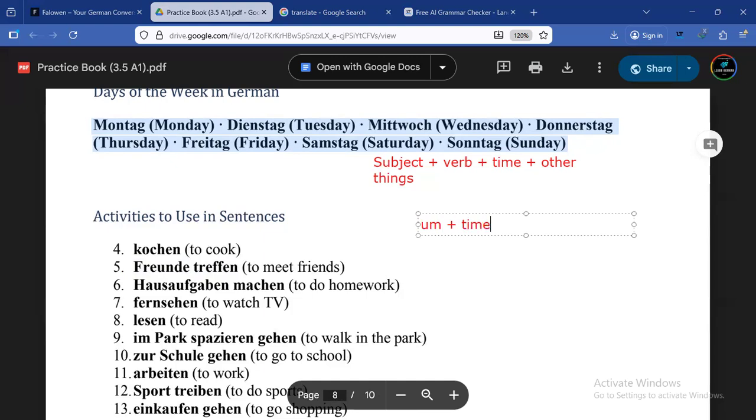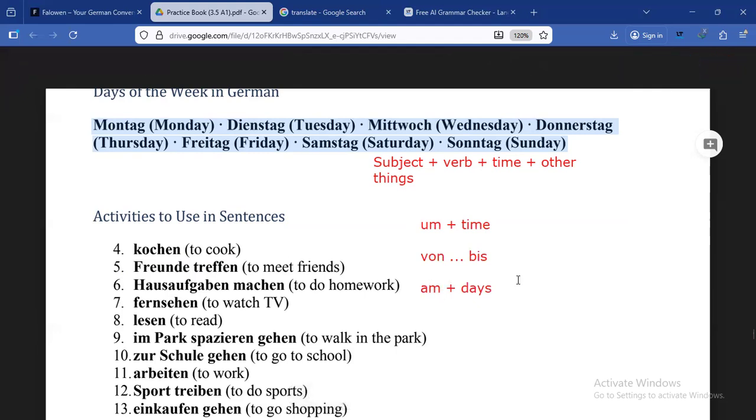Talking about intervals, you are going to use what? Von and then bis. On and bis. And anytime that we are talking about this, we are going to use am. So am simply implies on.